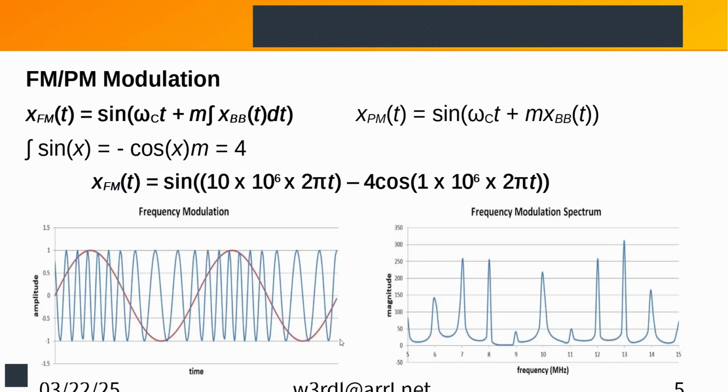When we have FM or PM modulation, you see in the graph here, it's showing the frequency varying with that modulating waveform. In this case, the higher the modulating voltage, the higher the frequency, and the lower frequency when it gets down into the negative range.